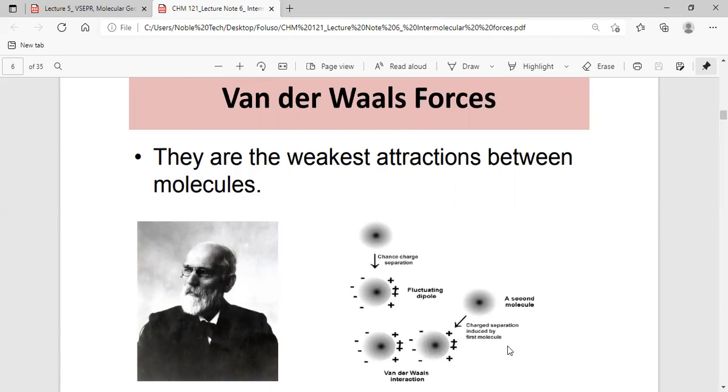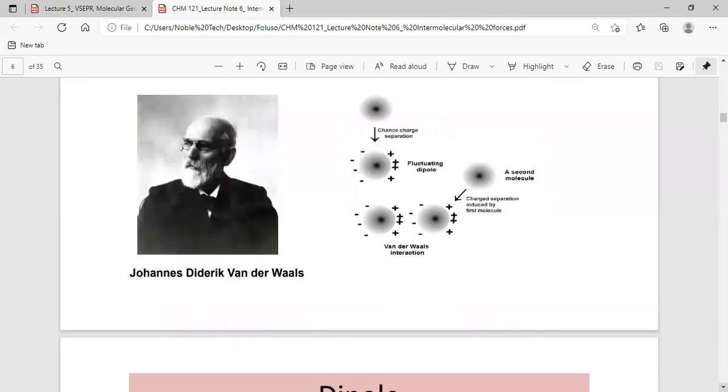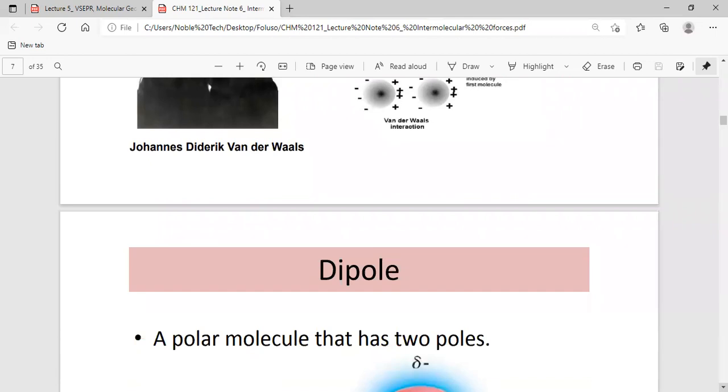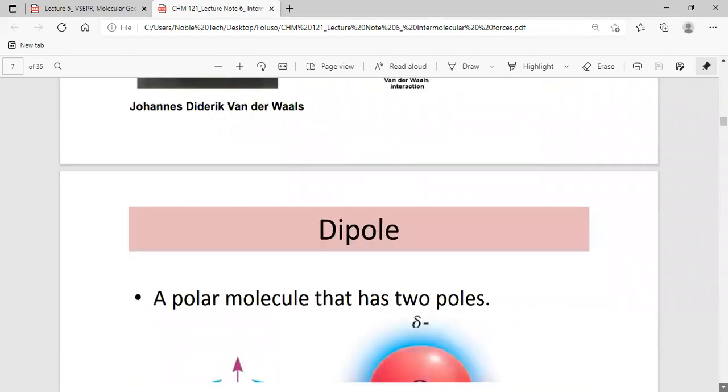It is just induced by the presence of another molecule. So one molecule has the positive charge separated towards one side, and the other molecule has negative charge separated to the other side, and they then have an interaction between them. This interaction was proposed by Van der Waals.